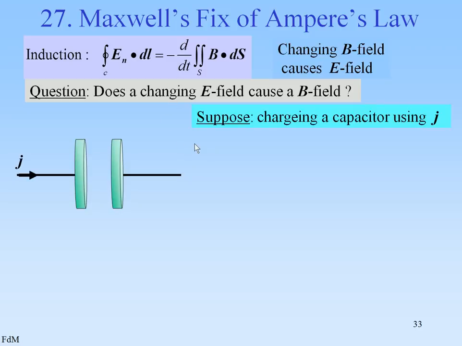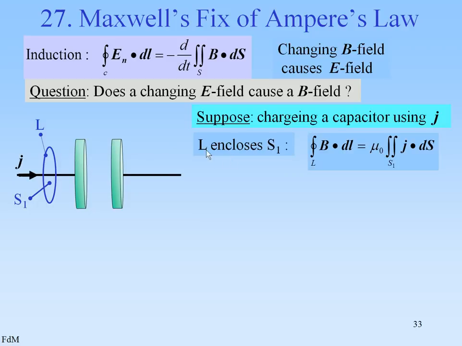Suppose we charge a capacitor using a charge current density J. Then the circuit L encloses a surface S1, and the relation holds that the path integral of B dL must be mu naught times the surface integral over the enclosed surface of the current density.